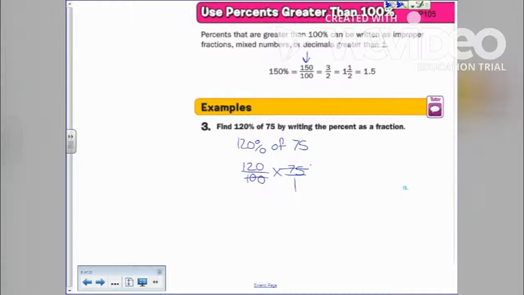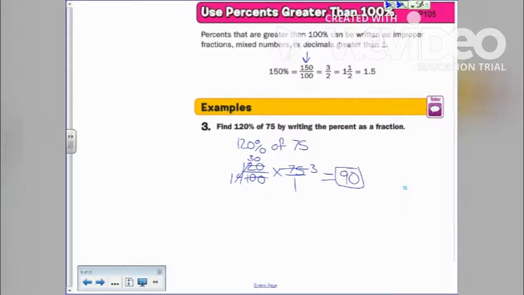It goes into 75 3 times. It goes into 100 4 times. We're not done reducing because 120 is divisible by 4. 4 goes into 12 3 times, so it will go into 120 30 times. So what I have is 30 times 3, which is 90.